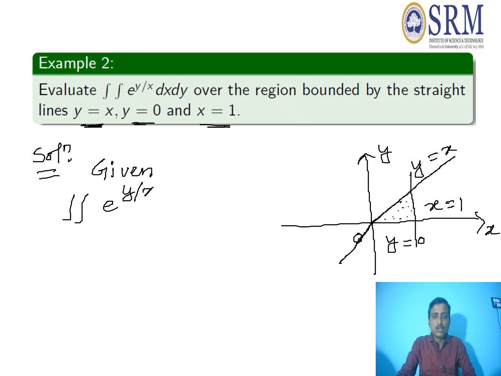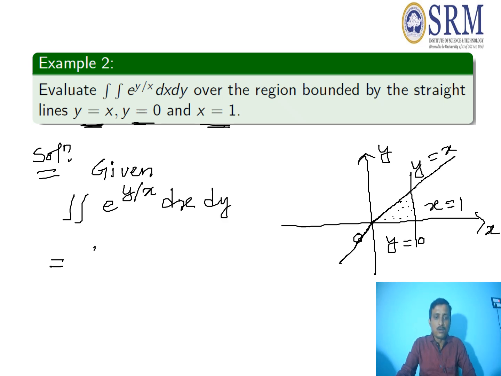You will get the same result. It is e to the power y by x, and I am doing it dy dx. You can write the limits, or otherwise first write whatever is given in the question, then continue with that one. Suppose it is given as dx dy, but next I will write it with respect to y.